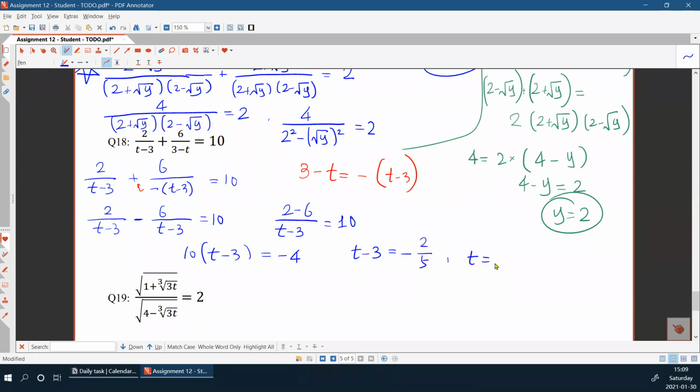Okay, this gives us t is actually 3 minus 2 over 5, which is 13 over 5. Okay, any questions?